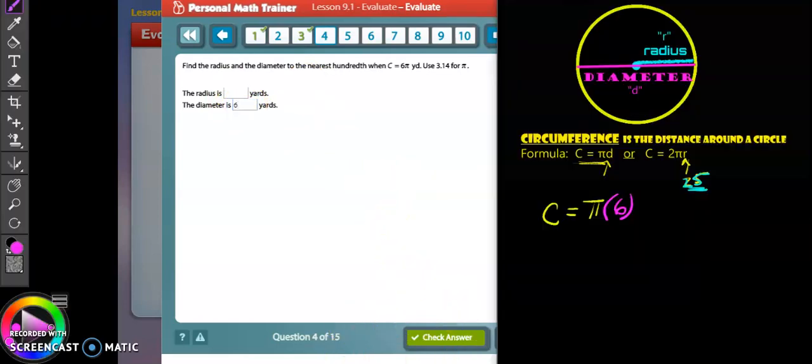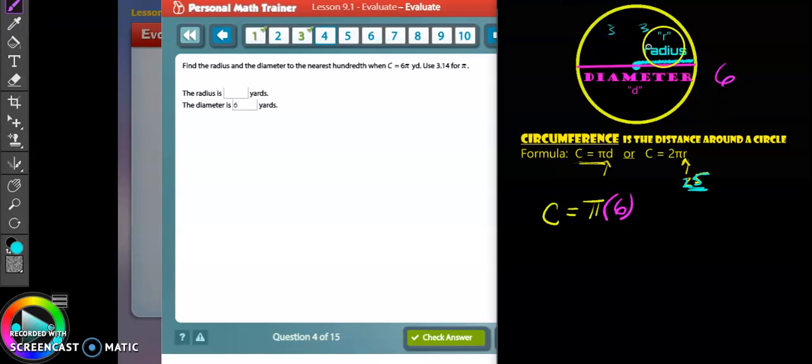I'm going to go back to this real quick. If the diameter all the way through is 6, they also want the radius. The radius is the small part. Remember, it's half of that. So to find the radius, you divide 6 by 2, because I want 2 equal parts. If we divide by 2, it's going to give us an answer of 3, because 3 and 3 make 6.